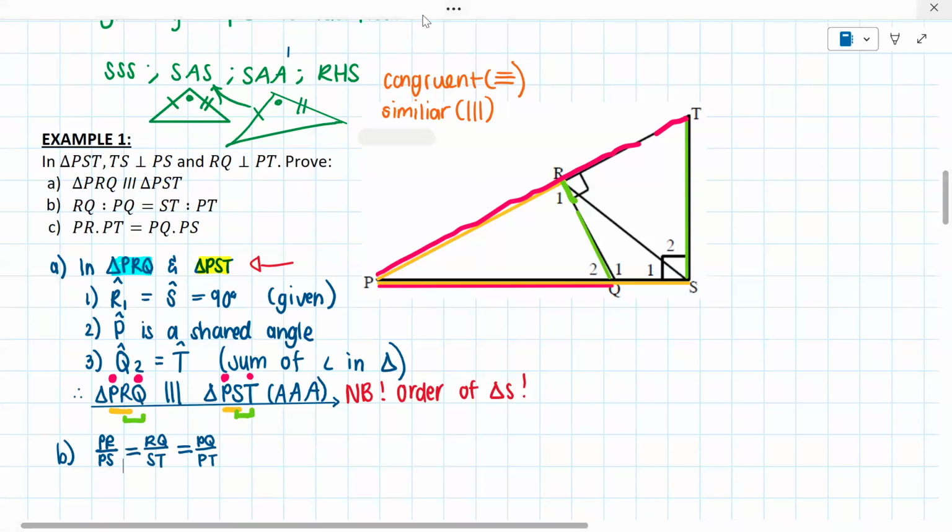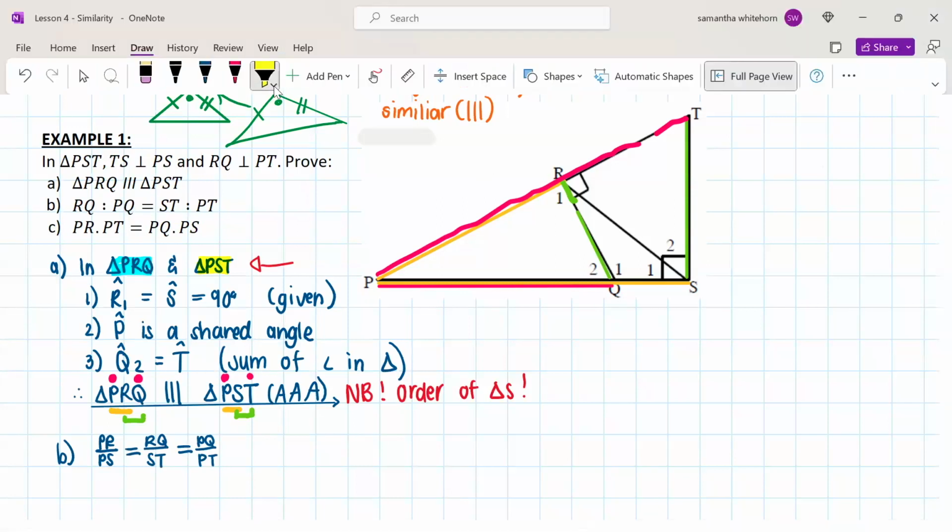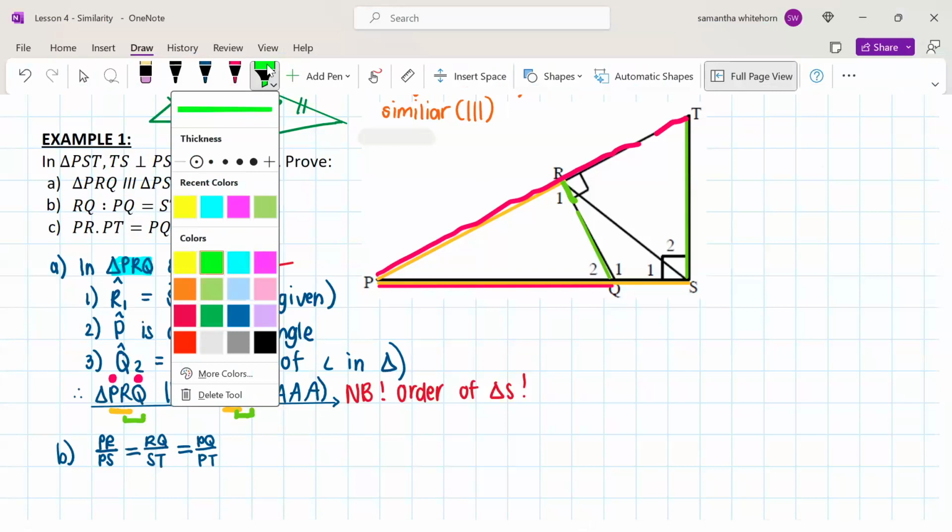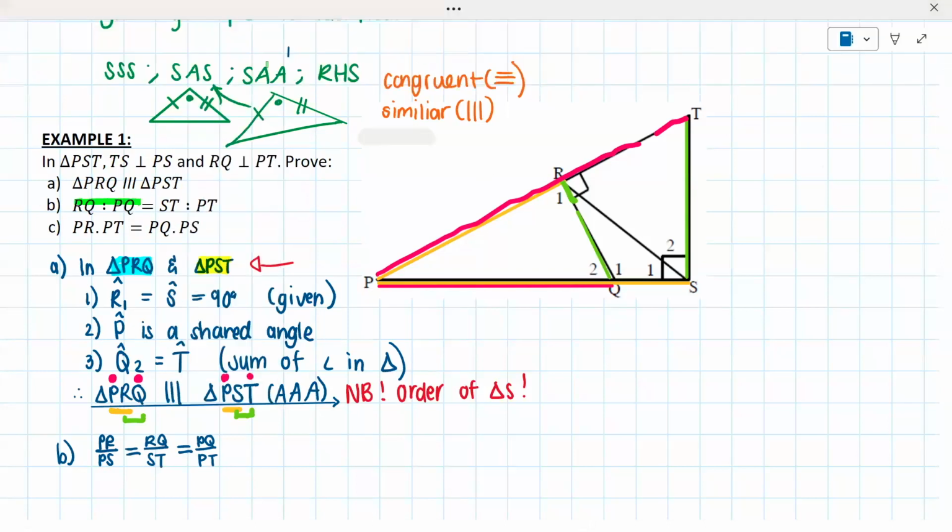Okay, so now we can go and have a look at what it is we actually want. So if you go back to your original question, we're looking for RQ to PQ is equal to ST to PT. I go to my ratios that I have here and I go and see which ones contain those letters. So there's RQ, there's PQ, there's ST, there's PT.